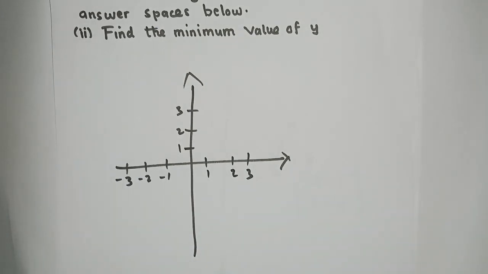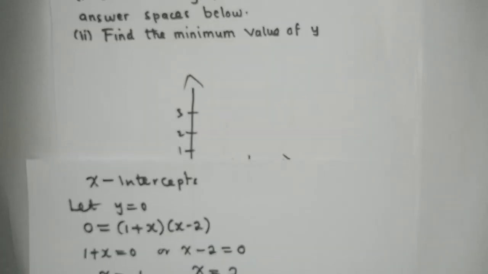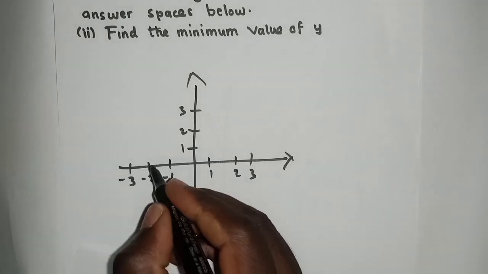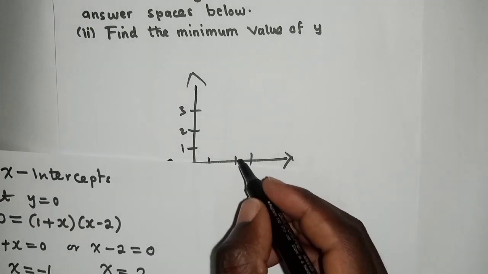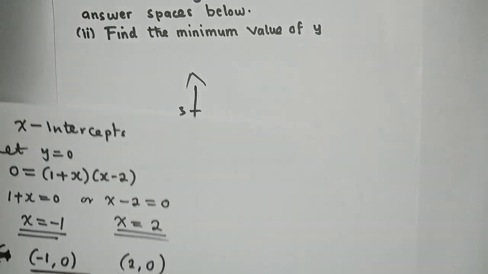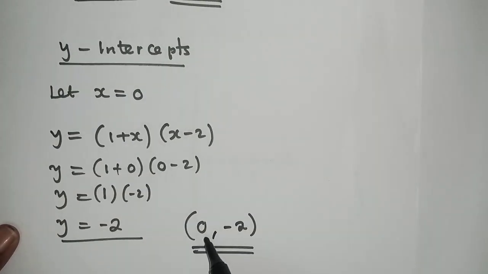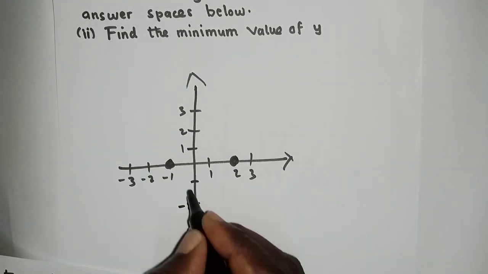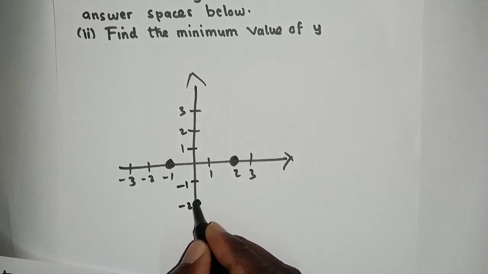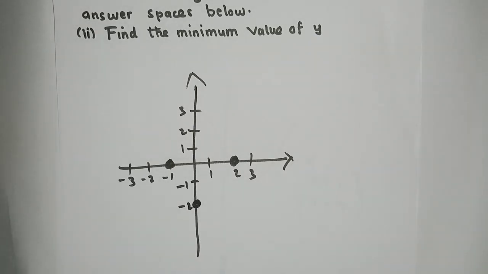So the coordinates, remember, for the x-intercept, it's passing at -1, 0 right here, and at 2, 0, it's right here. Y-intercept, we found 0, -2. So -2 is right here.